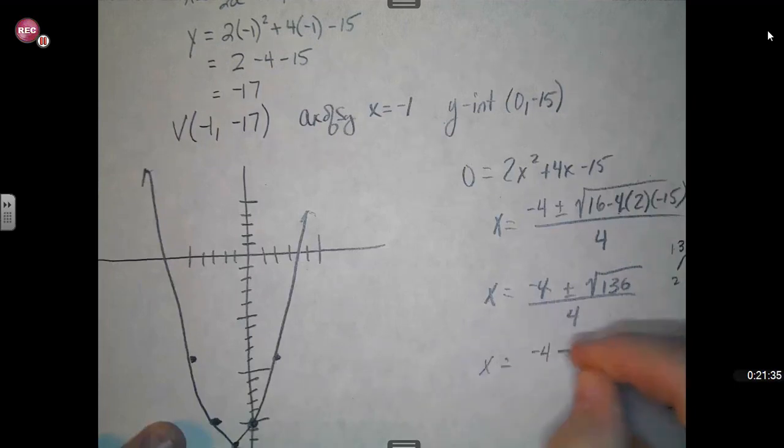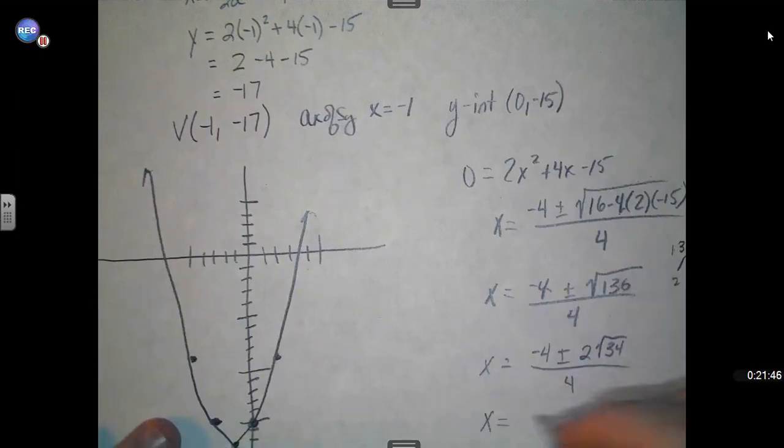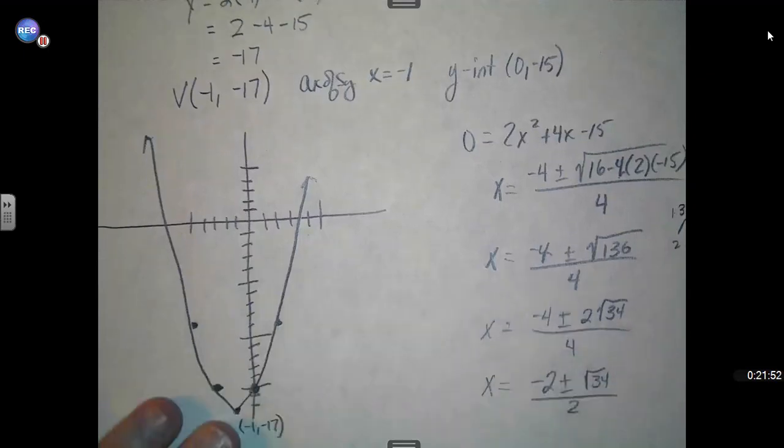So that simplifies to 2 square root 34. This is wonderful. Over 4. I can reduce everything by 2. And there are your x-intercepts.